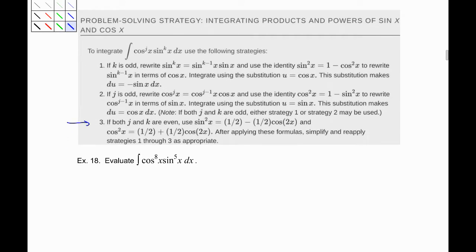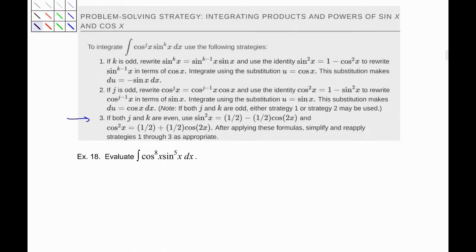Alright, so let's look at this one. Alright, so we have an even cosine and an odd sine. Okay, so I'm going to actually use two things here. First, I'm going to pull off a single sine. So this will be the integral of cosine to the 8th x, sine to the 4th x, sine x dx.